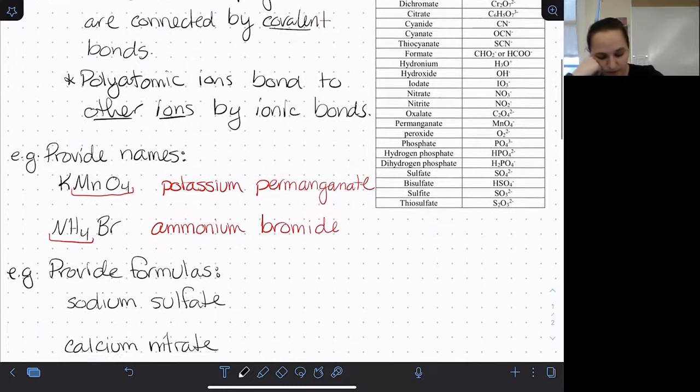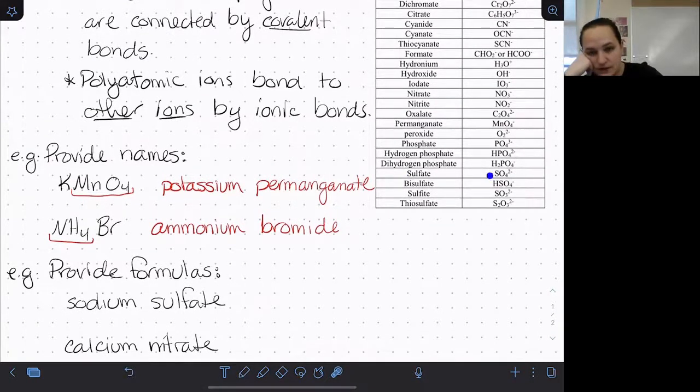So for sodium sulfate, we can look up sulfate in our list. It is right here. This has the formula SO4 2-. Sodium we can look up on the periodic table and find that it is in group 1, which means that it likes to have a +1 charge. So we have sodium with a +1 charge combining with sulfate with a -2 charge, and we know that our charges always need to add to 0.